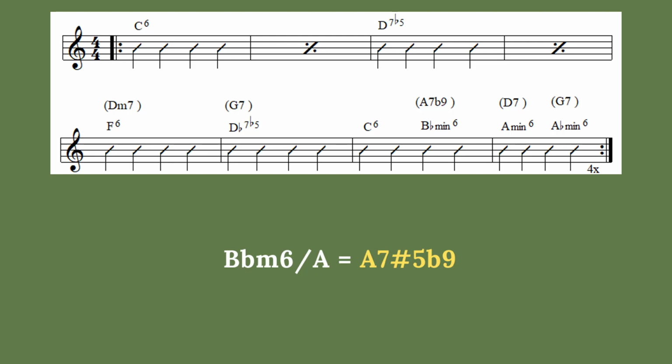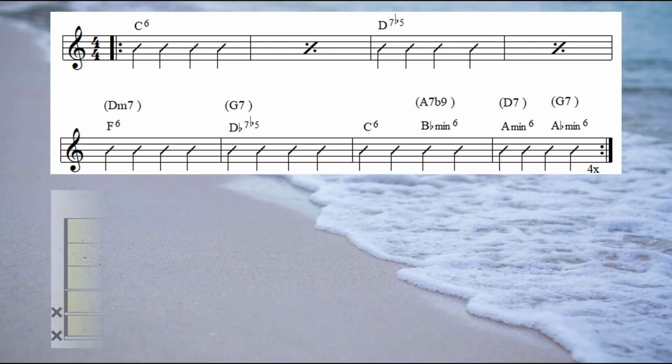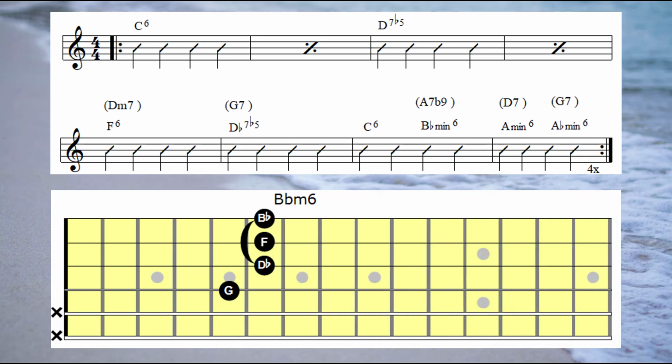And in effect, what happens when we play a B flat minor sixth over an A bass, the chord that's produced is an A7th sharp 5 flat 9. And if we go through the notes from the first string in this chord shape, we'll notice that that's what's actually happening. On the first string of our B flat minor sixth chord, we have a B flat, which is the flat 9 of A7.